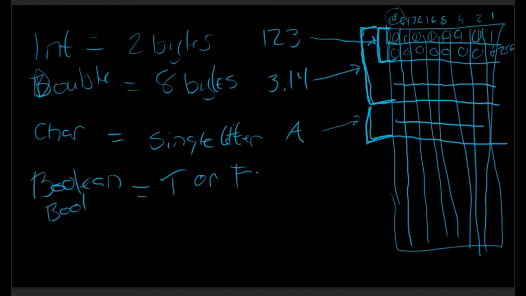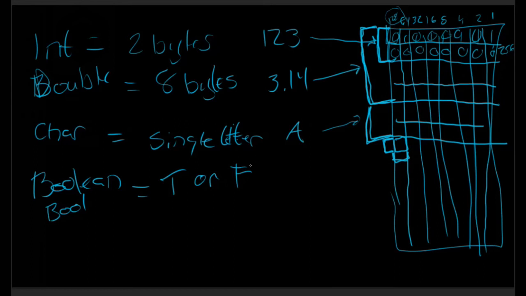How many bytes or bits do you think this takes up? If you said 1 bit, you were correct. This only takes up 1 bit because it's either on or off. It's true or false. It's 1 or 0. That's it, right?